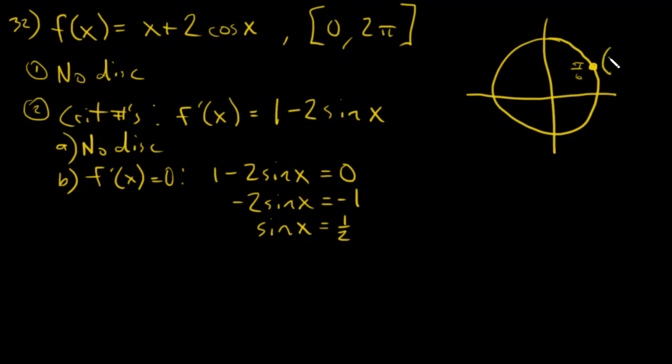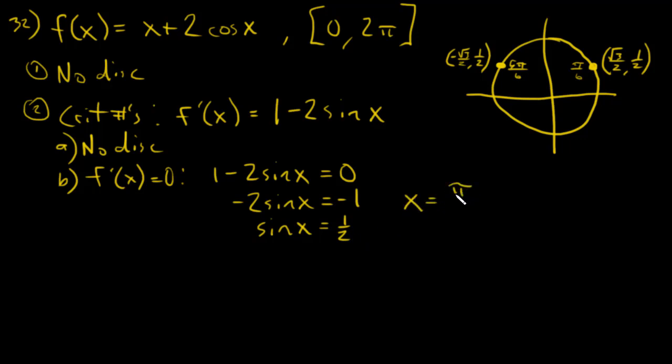We have root 3 over 2 comma 1/2, so there's our y value equals 1/2. And then right over here at 5 pi over 6, we also have a y value of 1/2, but now it's negative root 3 over 2, 1/2. Okay? So those are going to be our two values.